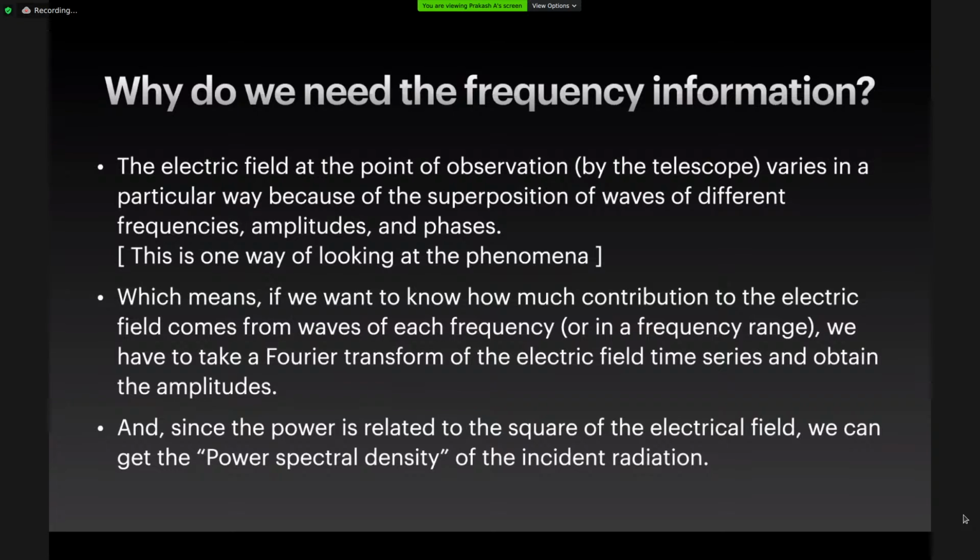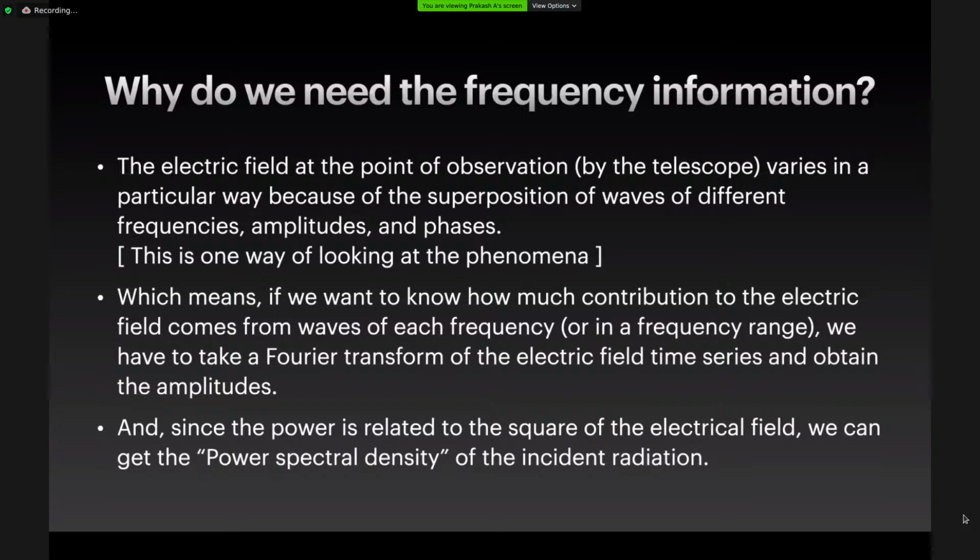For this, you'll have to take a look at the phenomena in a different way. So at the point of measurement, which is at the telescope feed, let's say, we are measuring the electric field, which itself changes in time, which is the time series of the electric field. And you can view this as a superposition of waves of different frequencies. This is radiation. We are talking about radiation here.